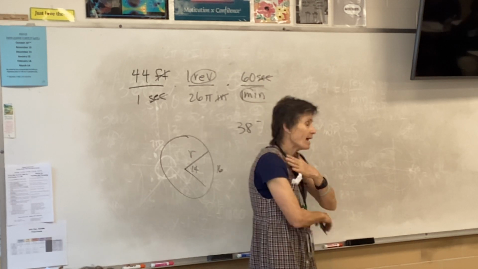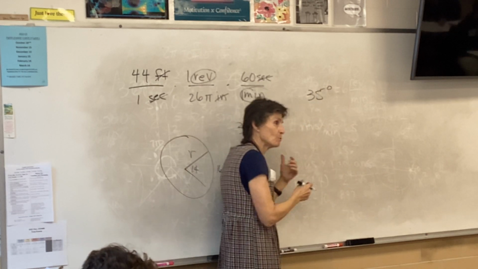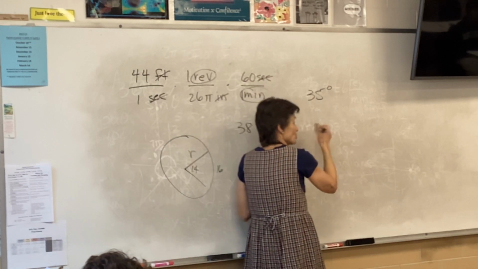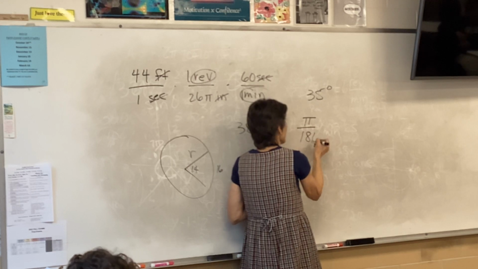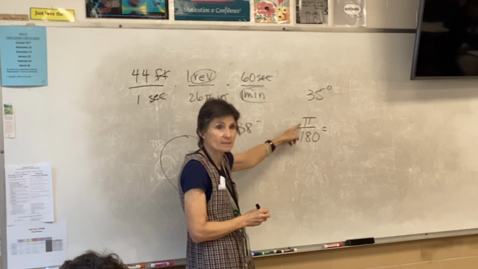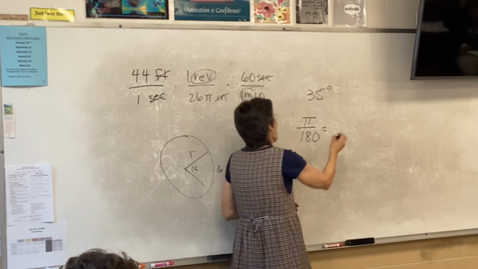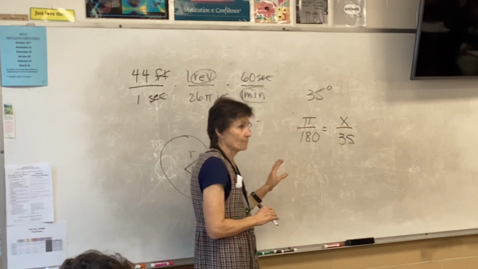If I have, let's say, 35 degrees, and I want to know how many radians that is, I'll set up a proportion every time. I'll say pi is the same as 180. These I know are equal. Pi radians is 180 degrees. That will never change. How many radians then is 35 degrees?